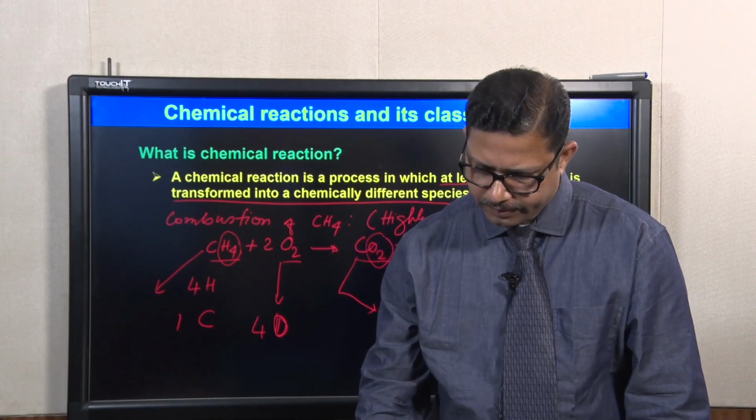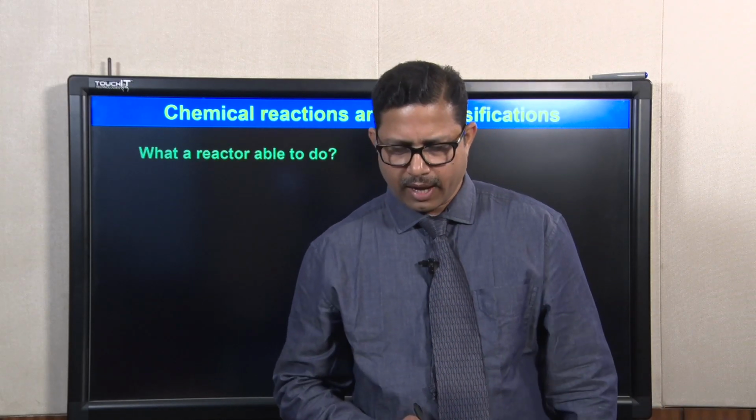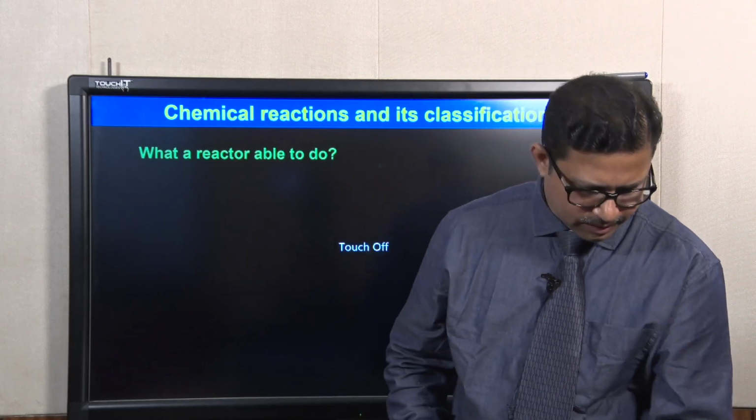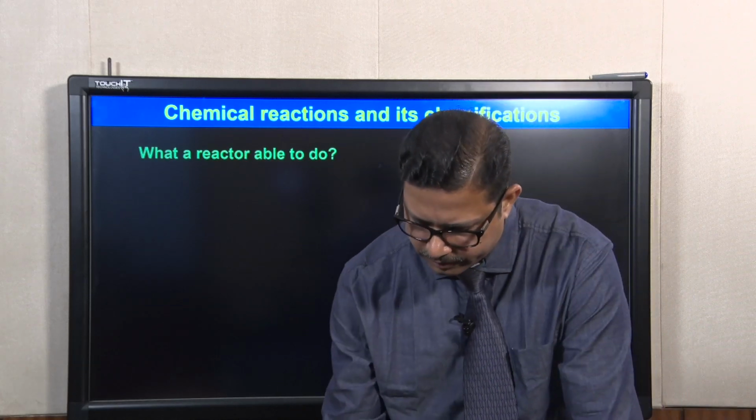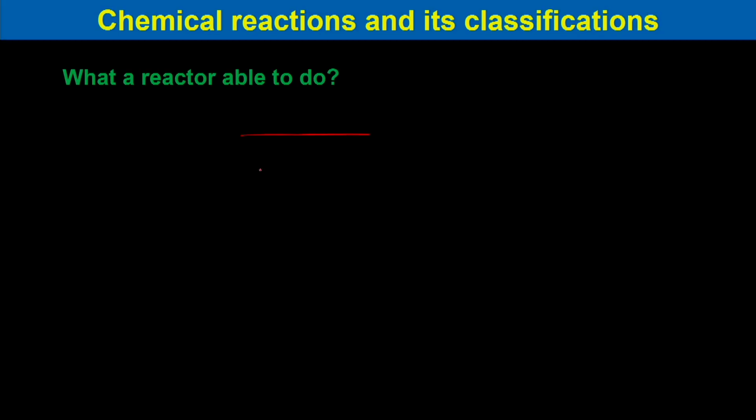Now, to find out what a chemical reactor is able to do, let us consider a chemical reactor. You have input to the reactor and you have output, and in between, inside this, is your reactor.